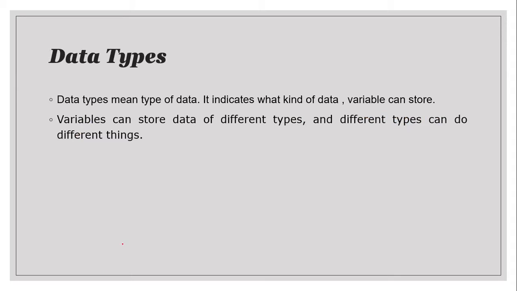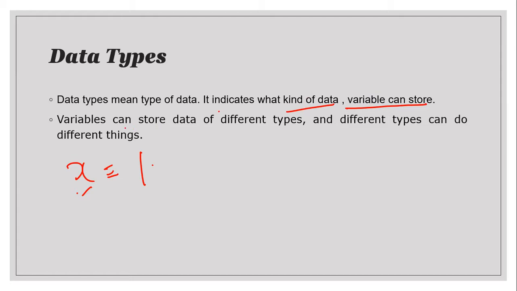Okay, so now that we are clear with variables, let's jump into data types. So data types means type of data. We have declared x is equal to 1. So x is a variable name and 1 is the value it's holding. So data type means type of data. It indicates what kind of data the variable is storing.